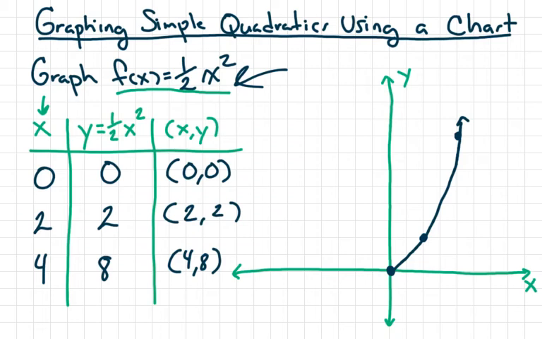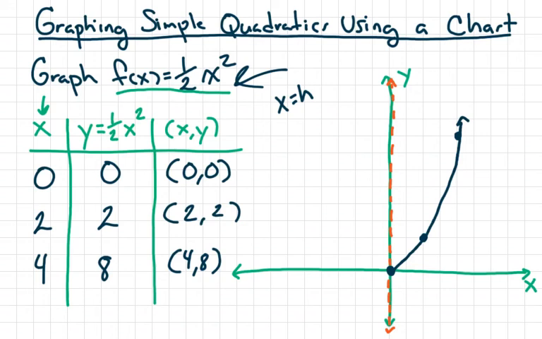A trick to get the other half would be that since our axis of symmetry, if you remember, is x is equal to h, meaning the x value of our vertex. Since our vertex is 0, that means our axis of symmetry is actually this line here.